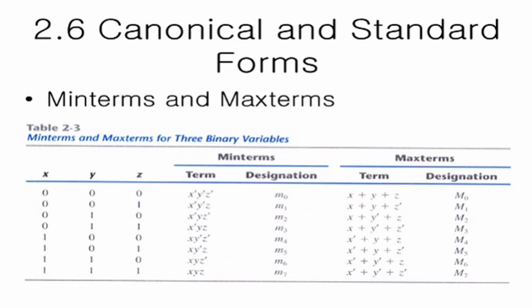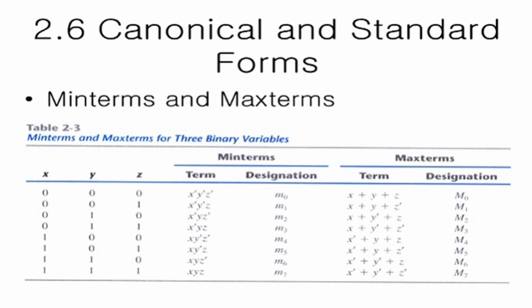So if I apply duality, it becomes x bar plus y plus z bar, right? This is your duality. Then you have to take the complement of each variable, so it becomes x plus y bar plus z. I hope you understood this one.